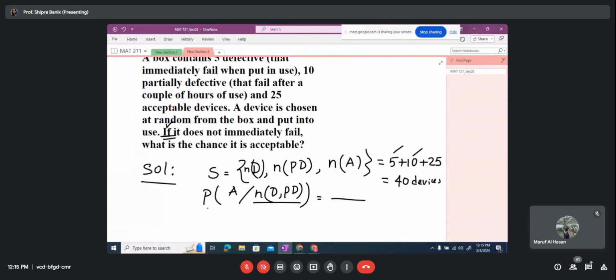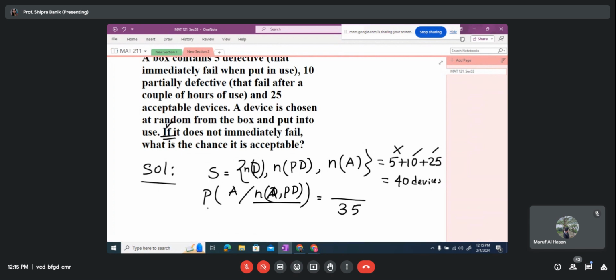No, I think I made a mistake. If it does not fail immediately, so no, I can't write D. What should I write? You can write PD or A. Yes, A or PD. Not that, forget about that. So this one and this one. So then we get 35.